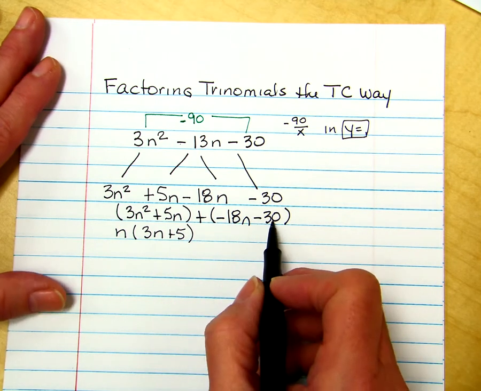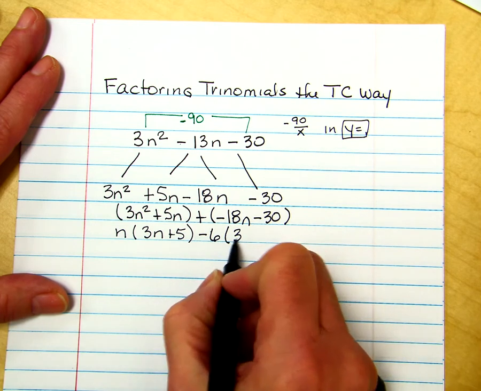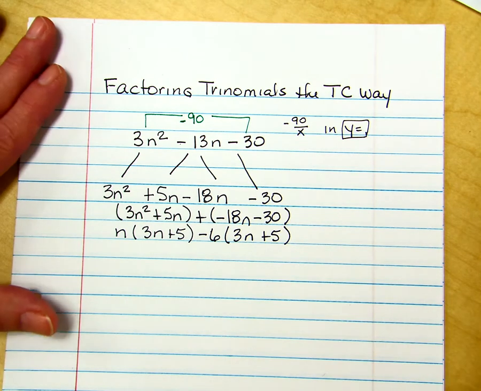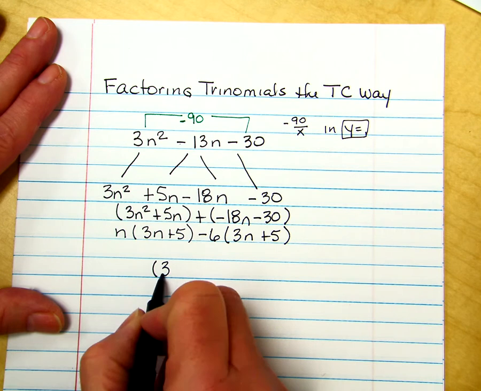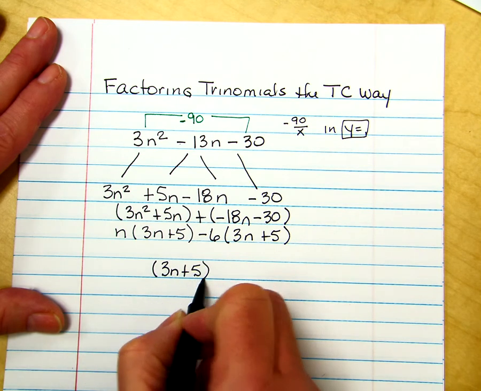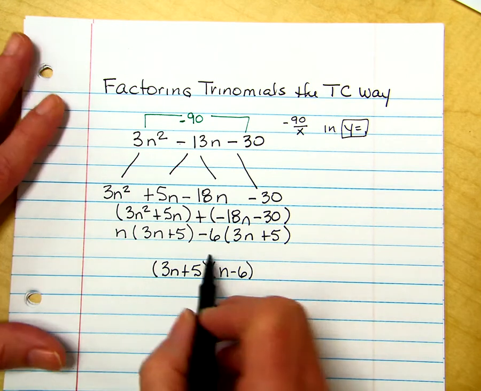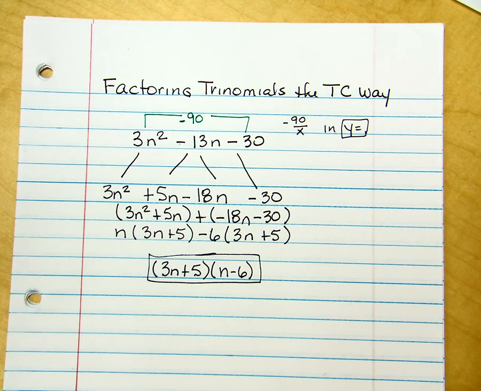Negative 18 and negative 30 have a negative 6 in common, leaving a 3n and a 5 inside their parentheses. The common factor there is 3n plus 5. What's left is n minus 6. And there is your factored form of 3n squared minus 13n minus 30.